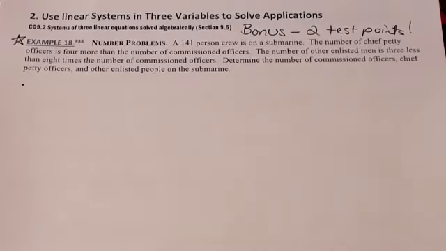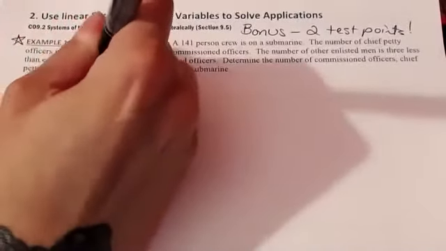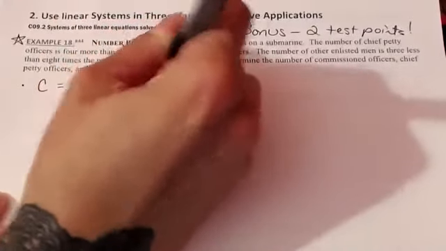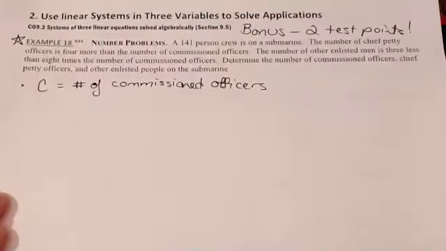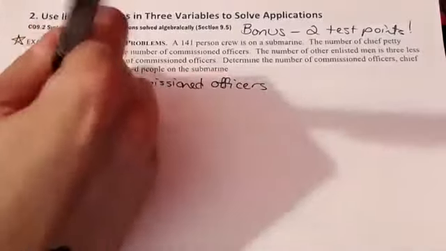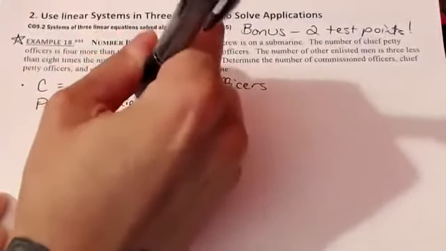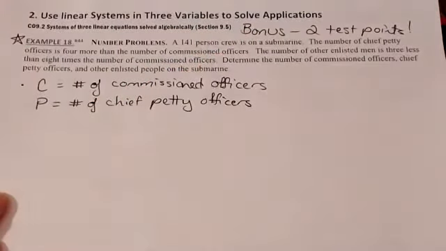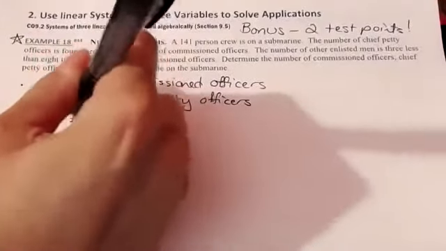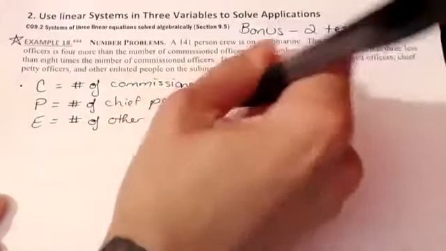Determine the number of commissioned officers, which we will call C. We also have to find the number of chief petty officers, which we will call capital P. And we also want to find the number of other enlisted people, which I'm going to call E.